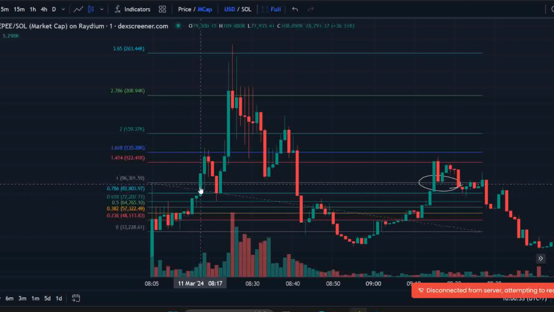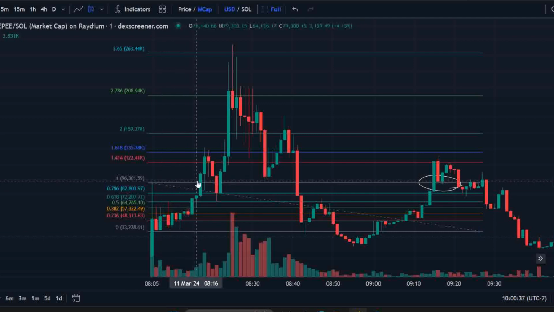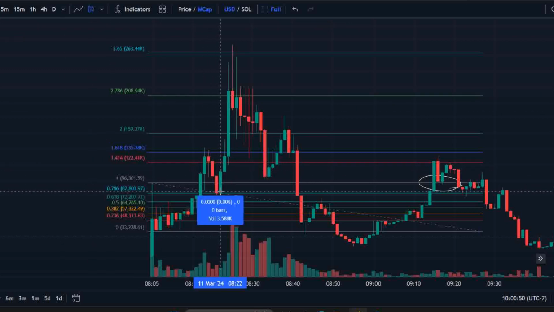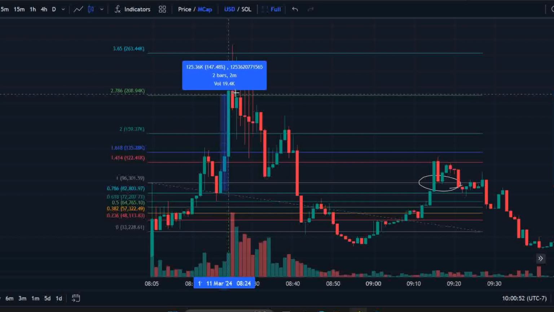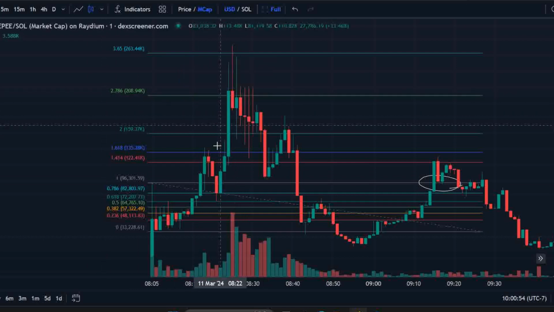You see how the green candle closes above the number 1 Fibonacci line, and there's a little retrace, and then again it shoots out, and in this case it went all the way to 200k. So that would have been a nice 150% move, but let it run to 100k, you're good, you double your money. But you see what happened.